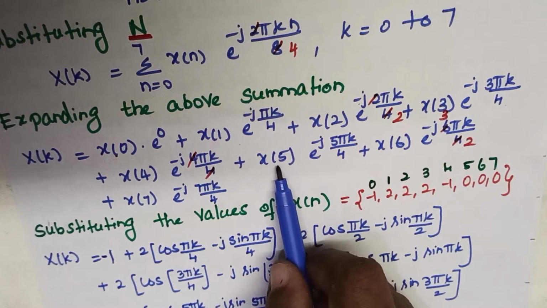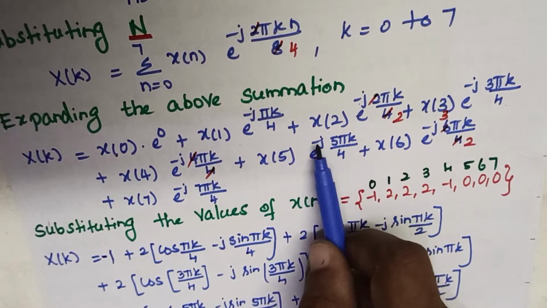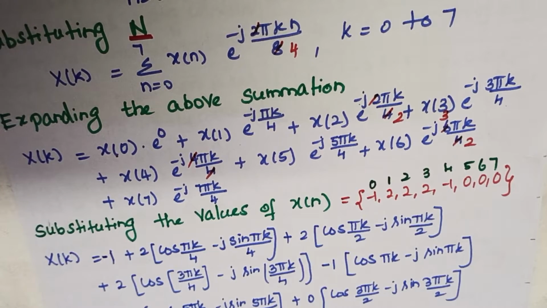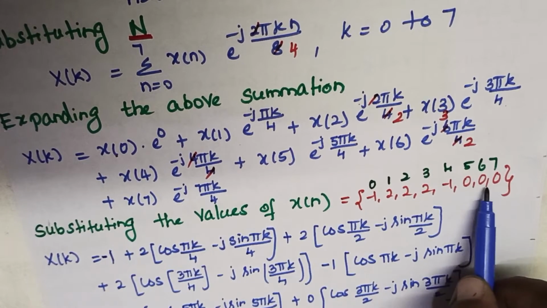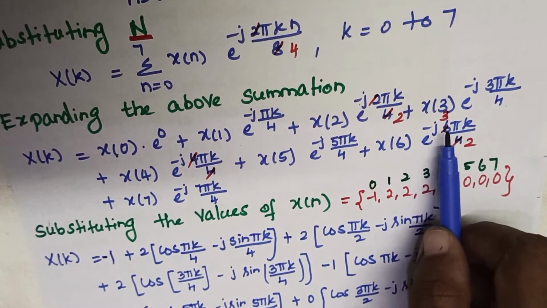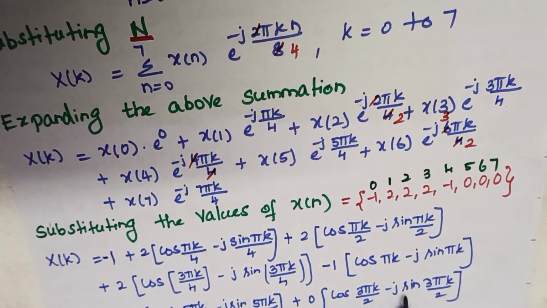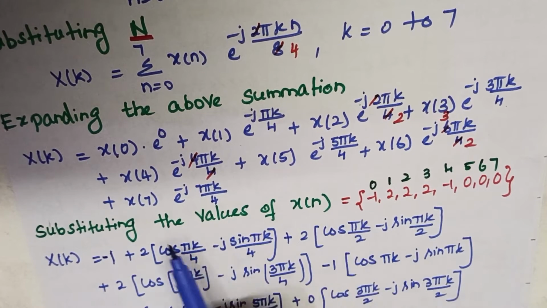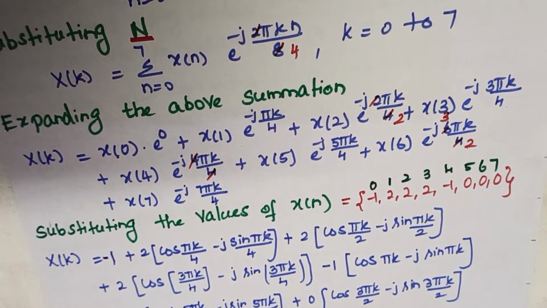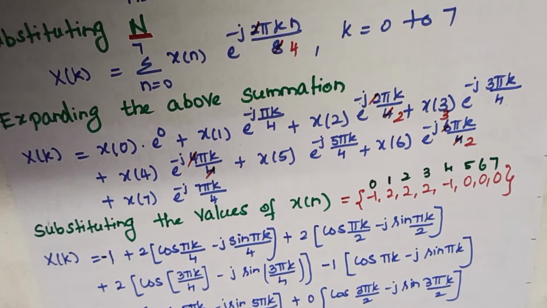Next term is x of 5. X of 5 is 0. So 0 into the expansion of this complex, which is cos 5 pi k by 4 minus j sin 5 pi k by 4. Rest of all the terms, that is 6th and 7th sample also is 0. So 0 into e power minus j 3 pi k by 2, which can be written as cos 3 pi k by 2 minus j sin 3 pi k by 2, plus 0 cos 7 pi k by 4 minus j sin 7 pi k by 4.